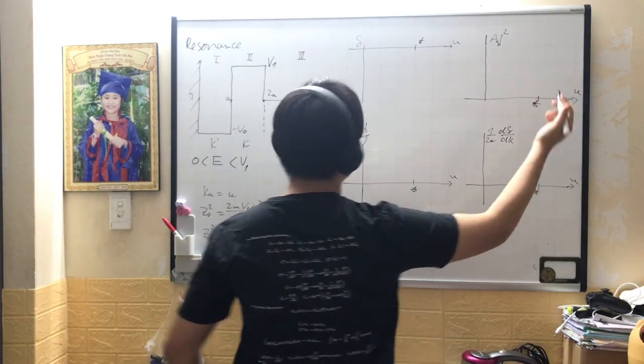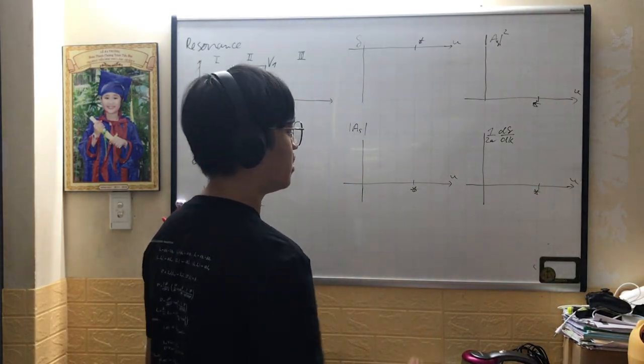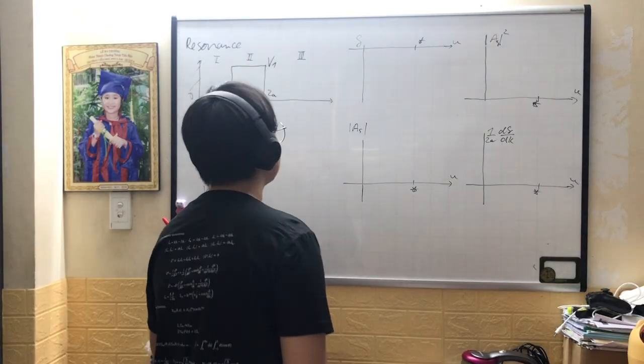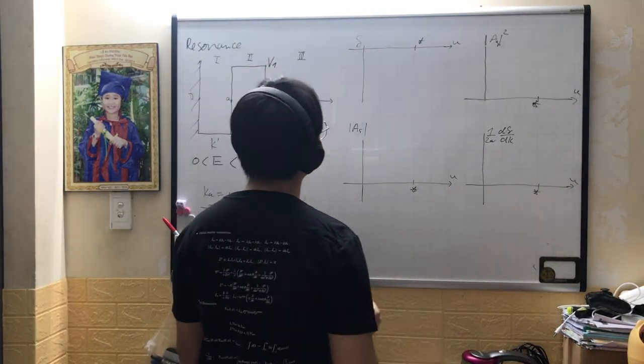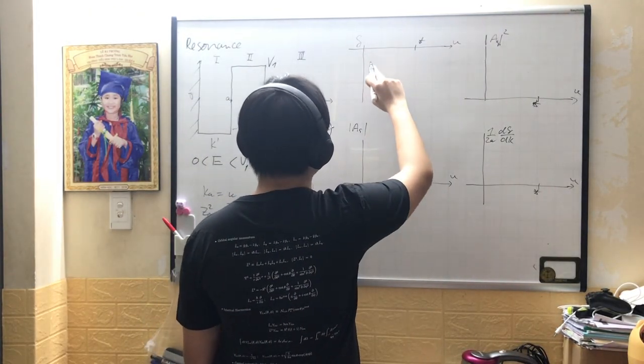This is a specific value, like for example alpha, beta. I'll use star here.